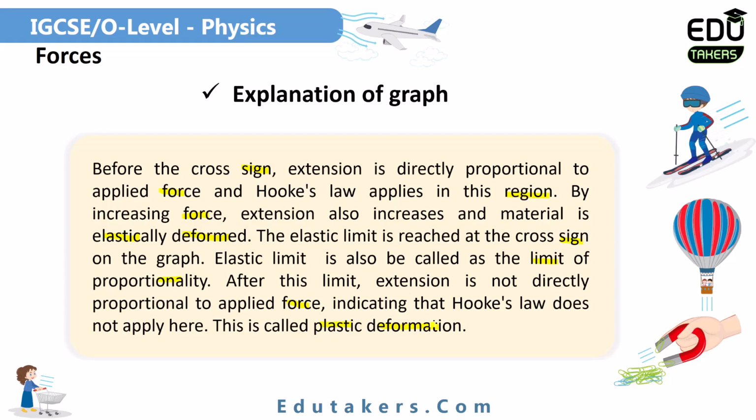So I can simply say in this graph there are two regions. One is the elastic deformation and the second one is the plastic deformation. The difference in both of these is that in the elastic deformation, when you remove the force, the spring can attain its original length. But in the plastic deformation, when you remove the applied force, the object cannot attain its original length. It is deformed plastically.